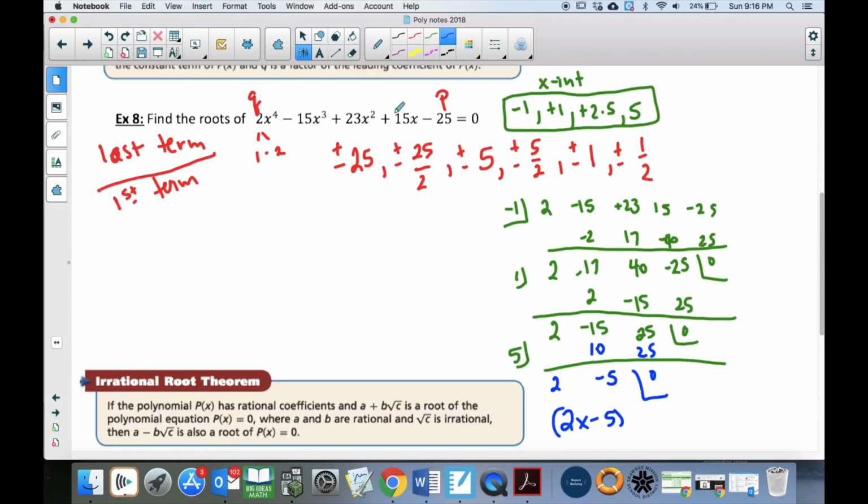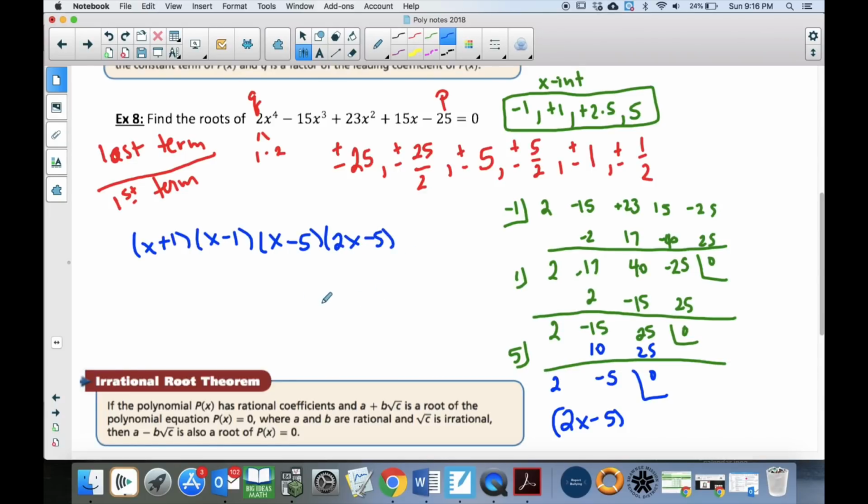I indeed don't know how to factor this because it's 5 terms. We haven't factored 5 terms, but I just figured out from my division what those 5 factors are. So my factors are x plus 1, x minus 1, x minus 5, and 2x minus 5. That is my factored form.